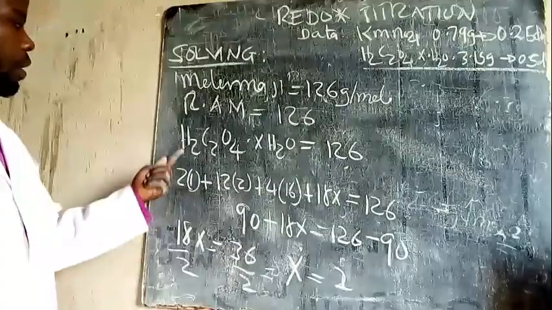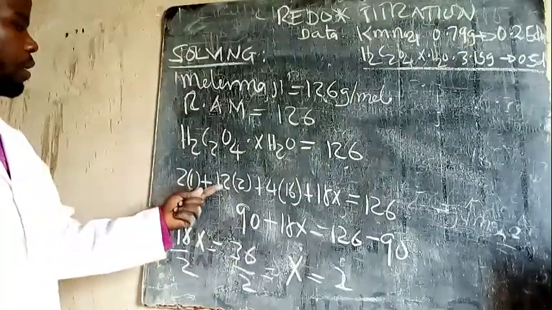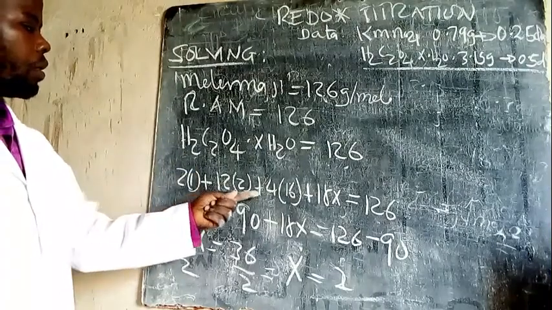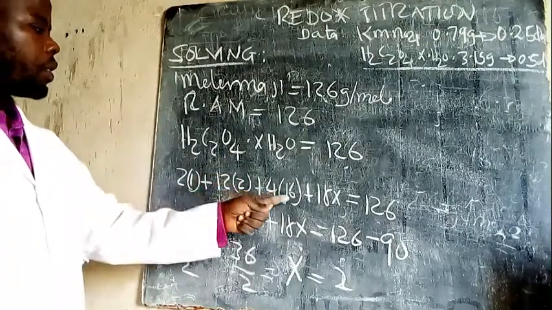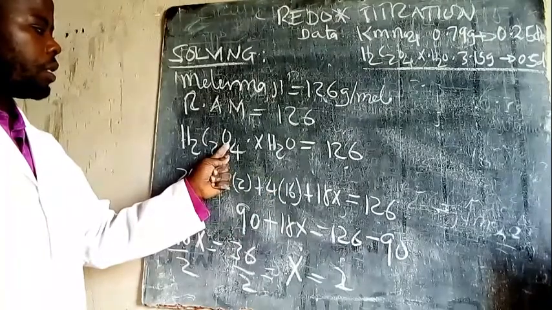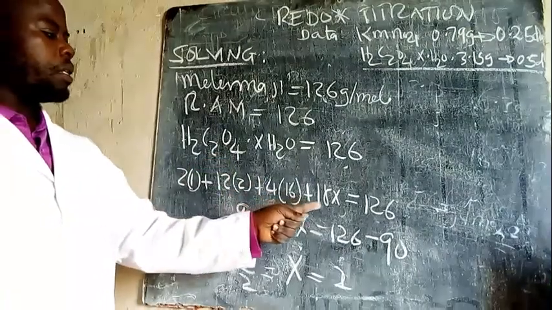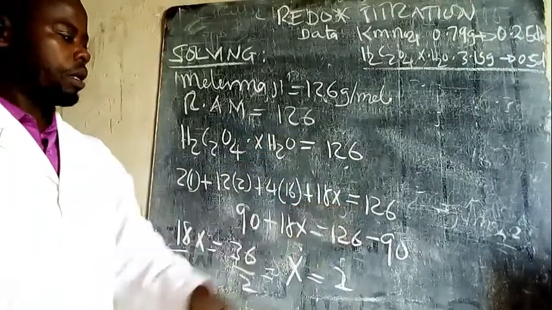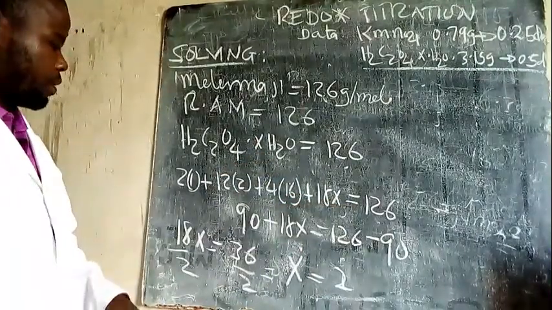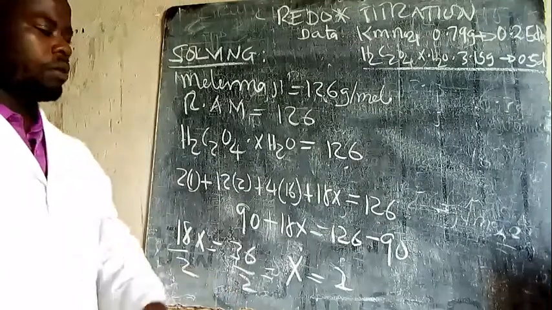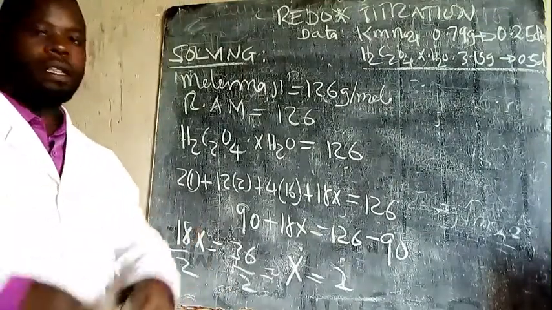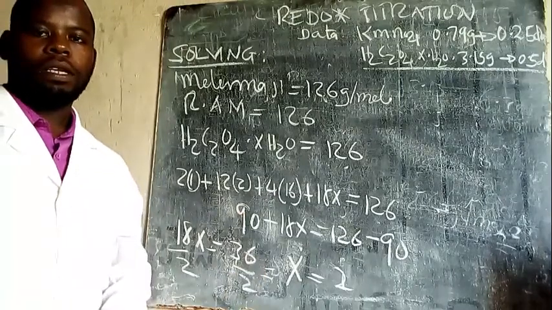So this times 1, 12 carbon times 2 plus 4 times 16 of oxygen, plus hydrogen, plus X times 18 is equal to this one. So I think you see how it is calculated. That is how to solve this question.